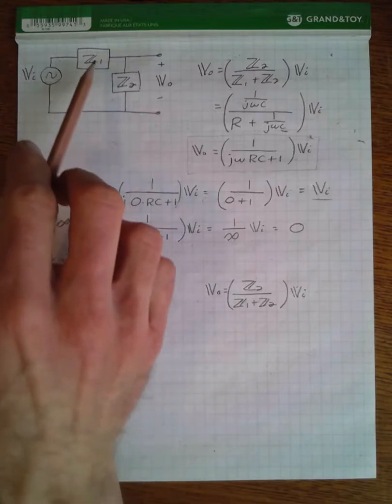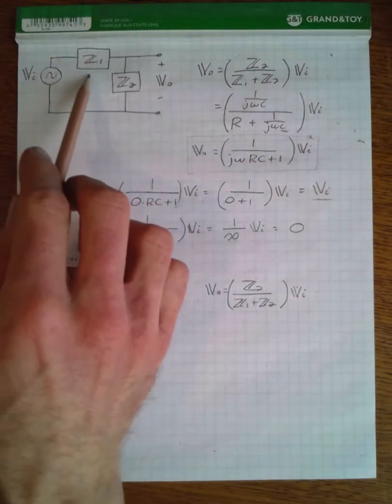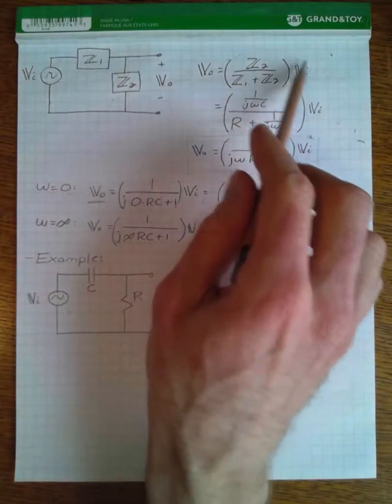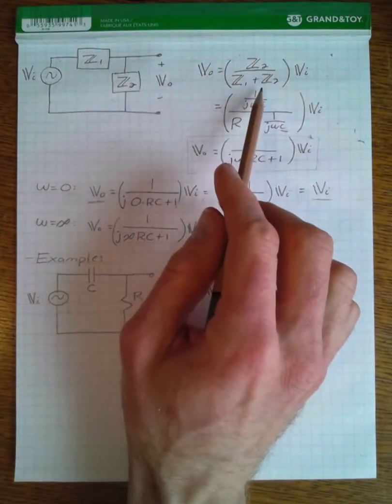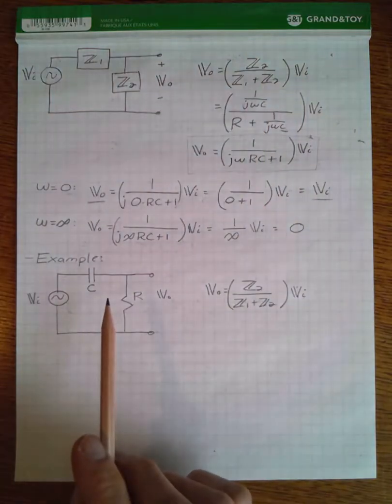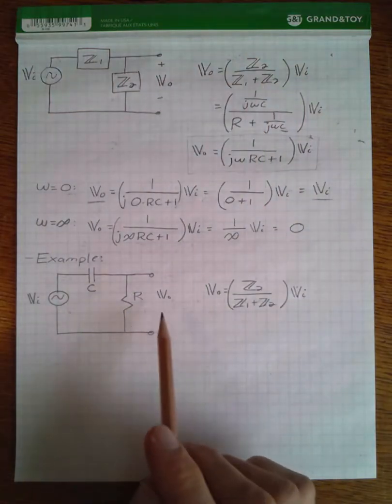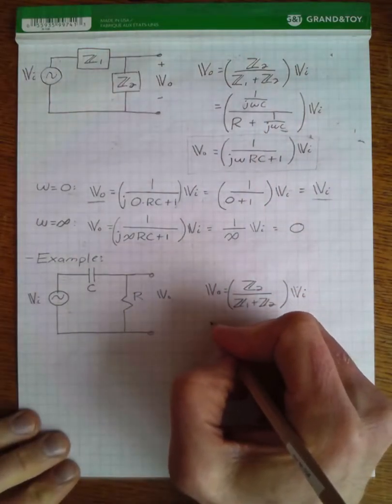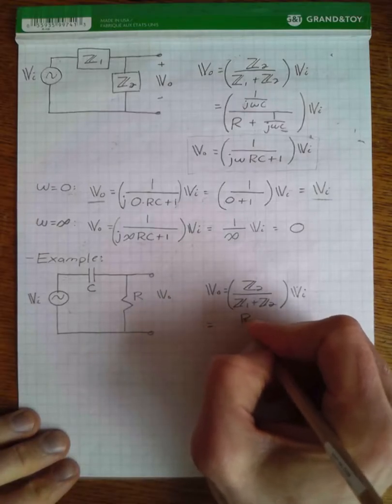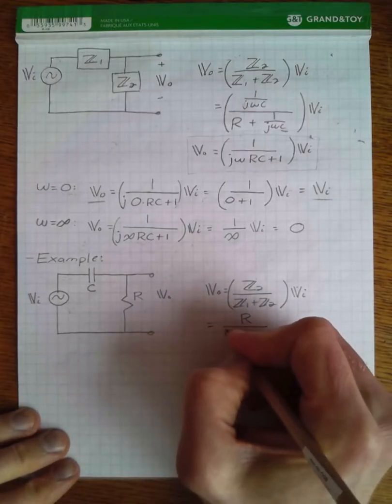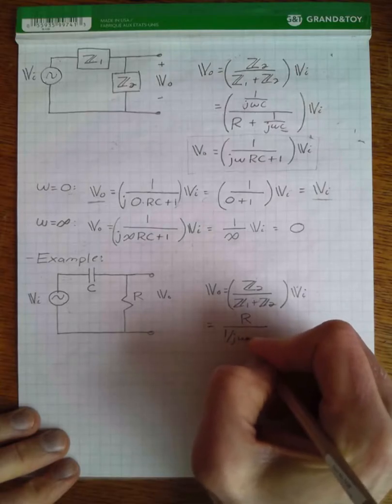And using this philosophy up here, we can still have this exact same voltage divider equation in terms of these generic complex impedances. However, in this case, Z2 is going to be equal to R, and Z1 is going to be 1 over j omega C.